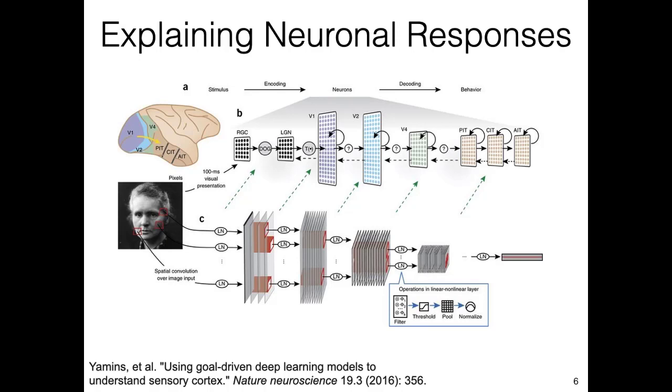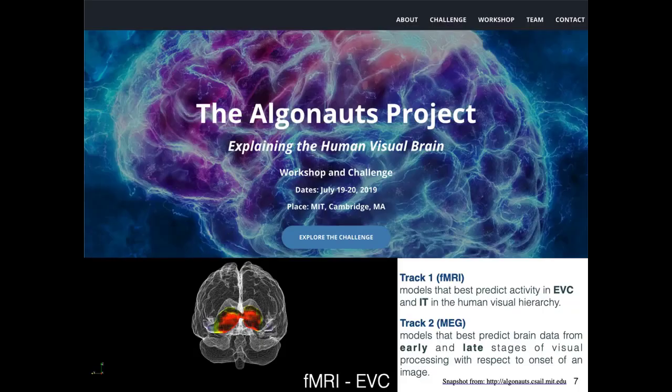This is now a very broadly explored area. As an example, I want to talk briefly about the Algonauts project, a challenge which consists of explaining the human visual brain using models, and most of the models used in the challenge are, of course, deep neural networks.